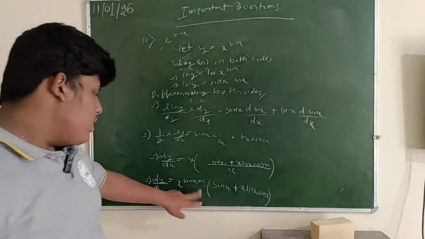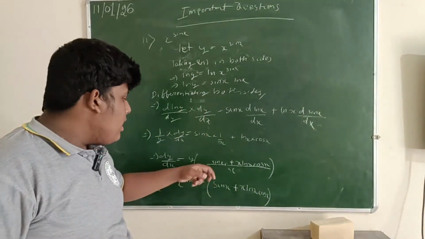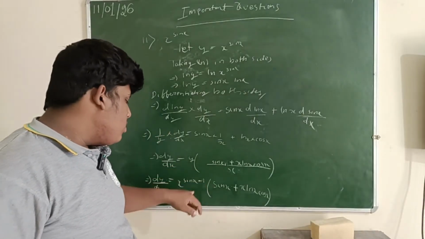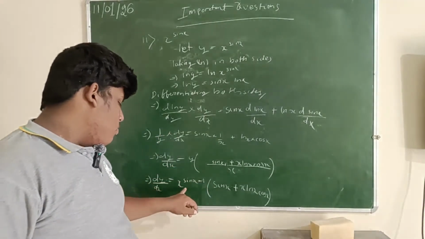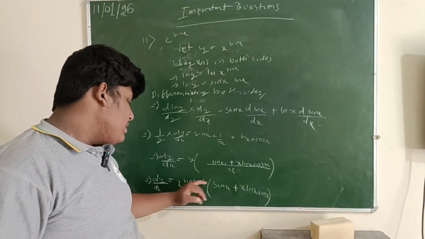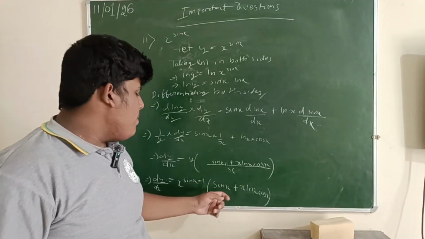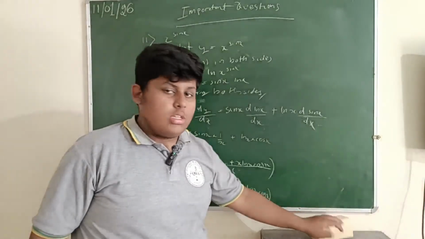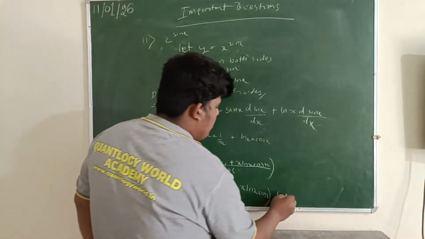Here I have taken minus 1 power because this denominator was x, and here also the base was x, so I have done x to the power sin x minus 1 multiplied by sin x plus x ln x into cos x. So this is the final answer.